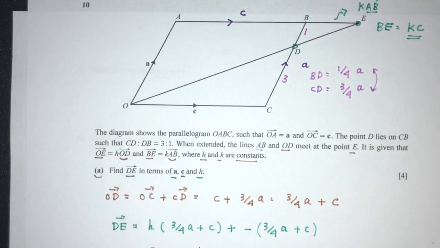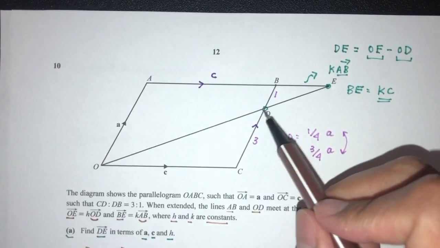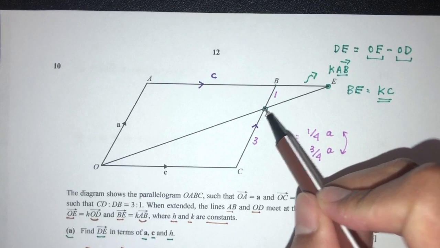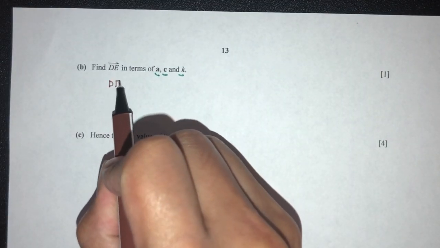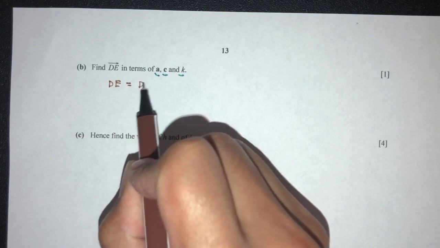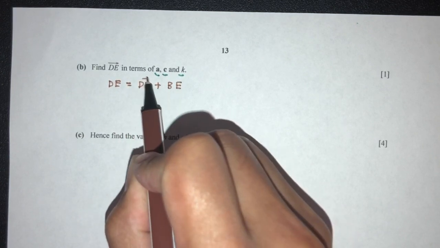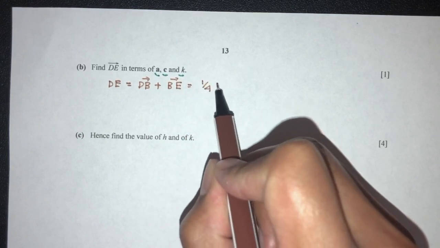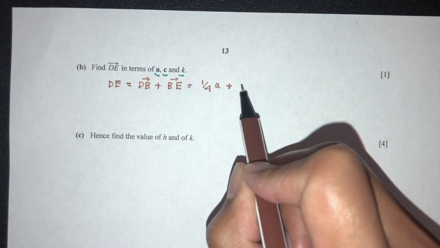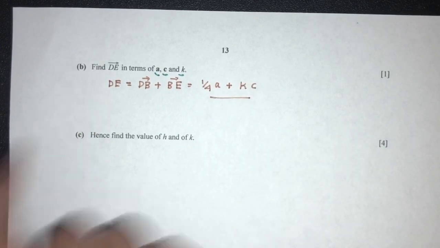Now we have to find DE by observation. DE could be DB plus BE, right? DB we have seen will be the value of 1/4 A, plus BE, that will be K times C. So this is your value of part B.